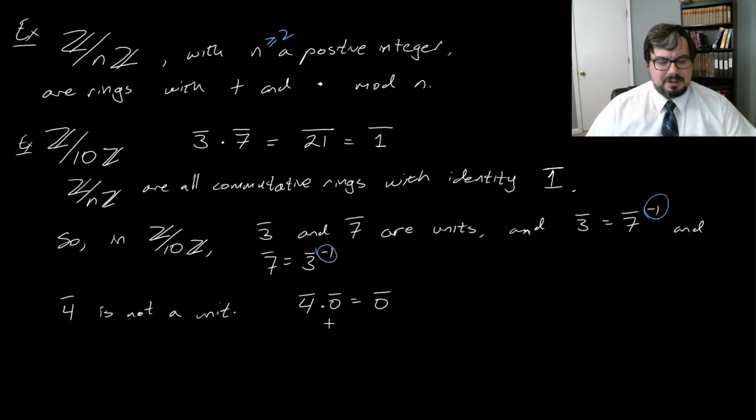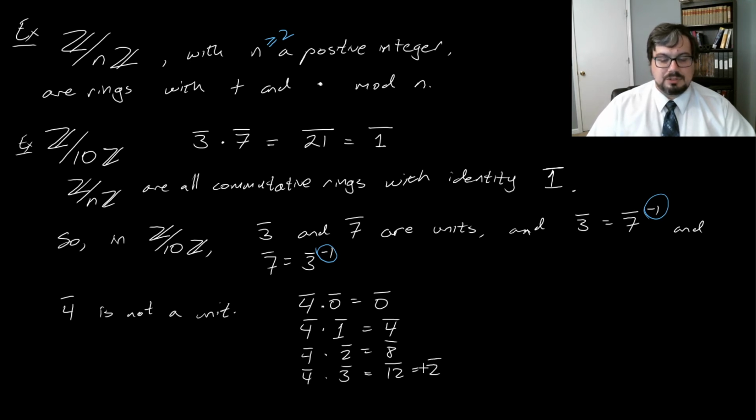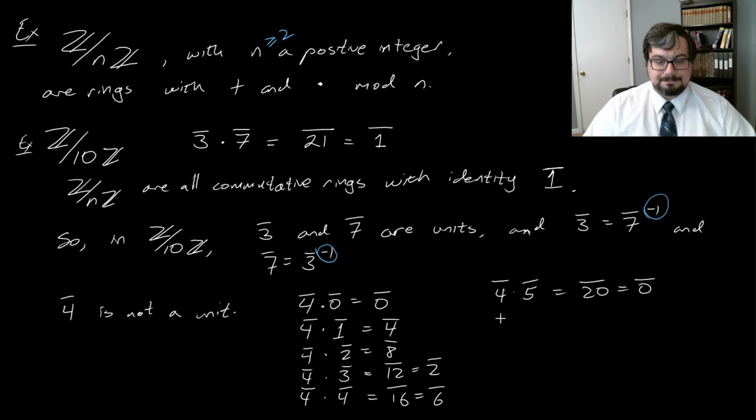We haven't proved it yet, but we will prove that anything times the additive identity 0 is always 0 again. 4 bar times 1 bar is, since 1 bar is the multiplicative identity, just 4 bar back. 4 bar times 2 bar is 8 bar. 4 bar times 3 bar is 12 bar, which is 2 bar. 4 bar times 4 bar is 16 bar, which is 6 bar. 4 bar times 5 bar is 20 bar, which is 0 bar.